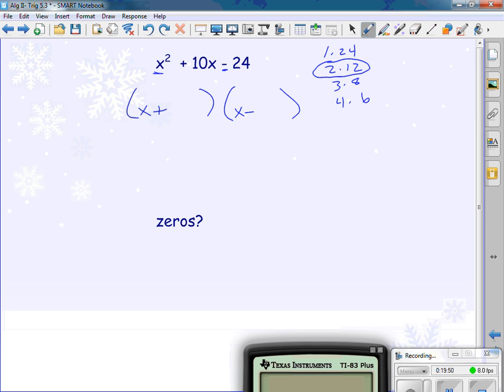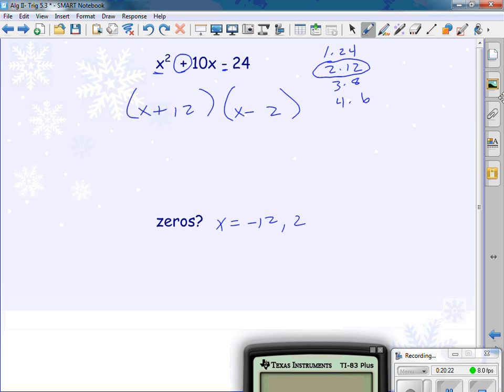But since the signs are different, you have to subtract them. So I got to figure out which one is a positive, which one's the negative. The bigger number takes that sign. So 12 takes the positive, 2 takes the negative. X plus 12, x minus 2, which means I have zeros at negative 12 and positive 2.